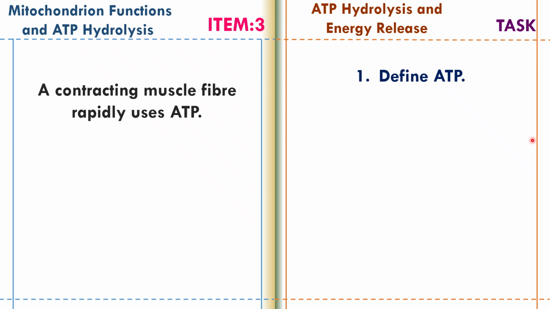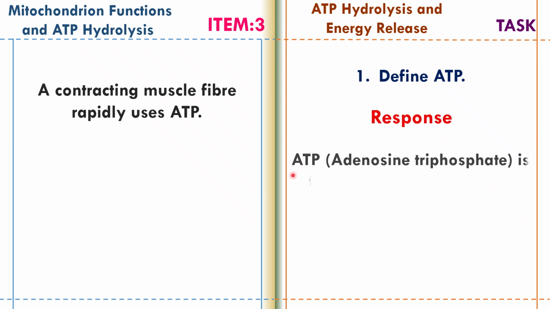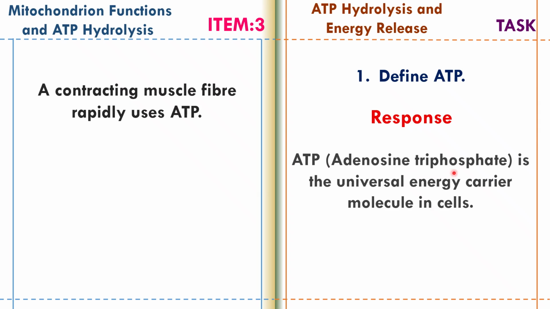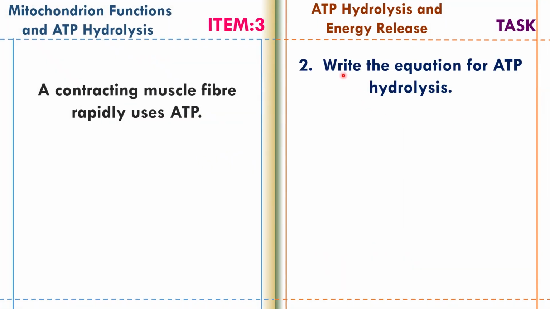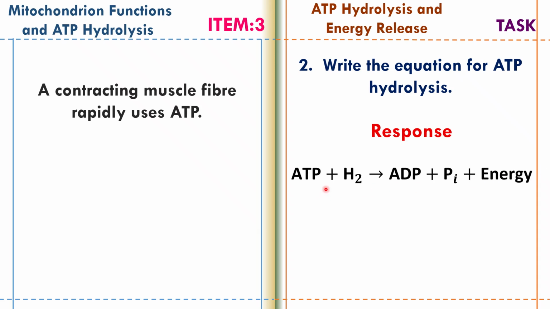Define ATP. ATP is adenosine triphosphate, a universal energy carrier molecule in cells. Write the equation for ATP hydrolysis. ATP plus water gives ADP plus inorganic phosphate plus energy.